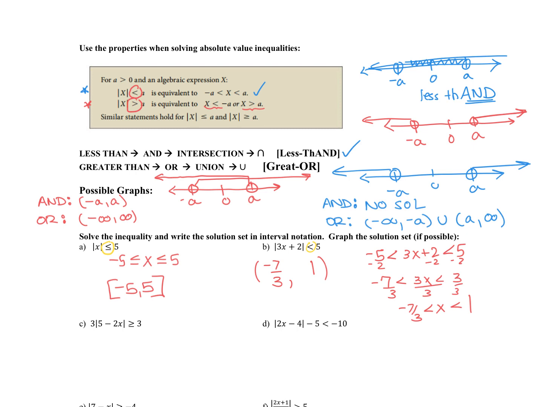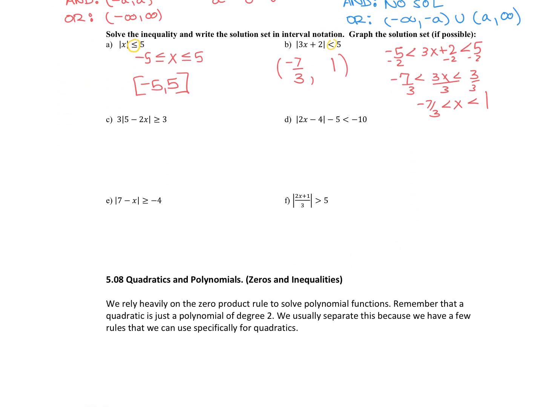Now the next one, C, we have to isolate our absolute value. So I would start here by dividing through by 3. That's going to give me the absolute value of 5 minus 2x is greater than or equal to 1. Now that I have isolated, I can break this up, and I notice it's an OR statement.